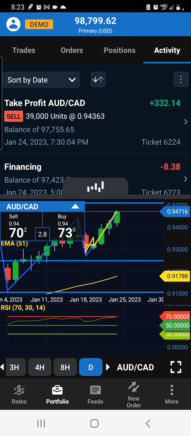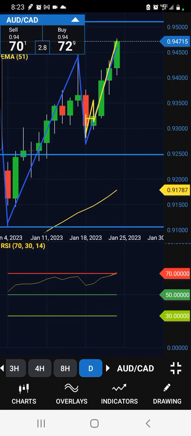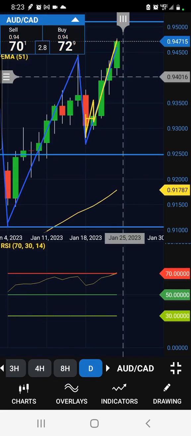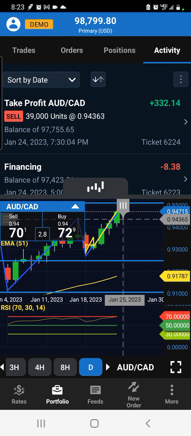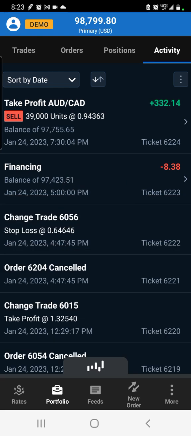That's where I set my take profit at. Somewhere right in that area. And as you all can see from the notification that I got, my take profit was hit. And as a result of that, I made $332.14 on that trade.